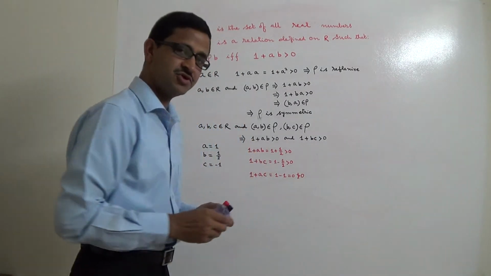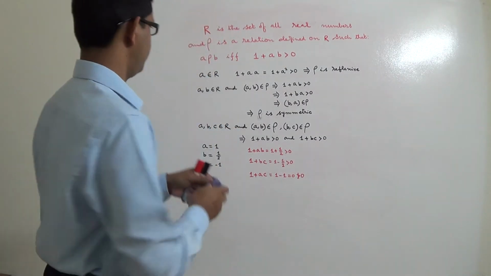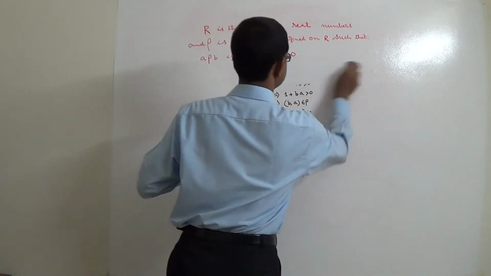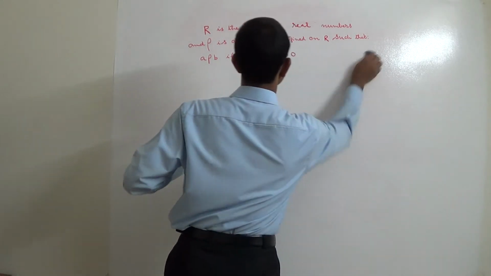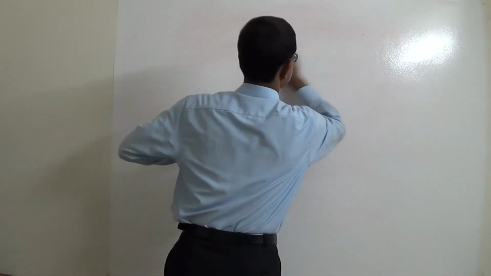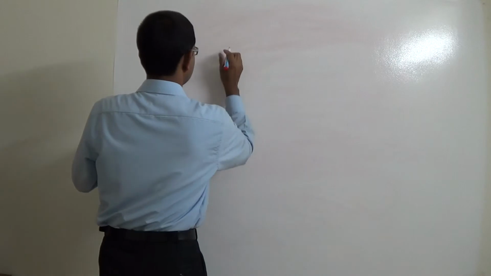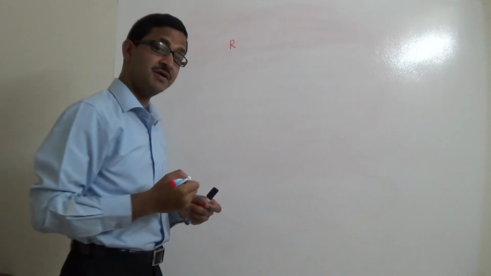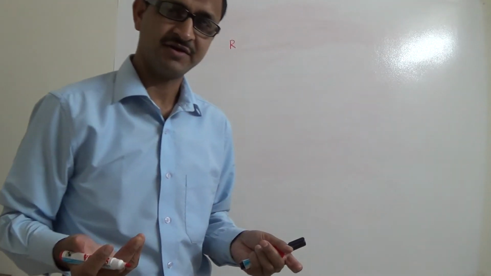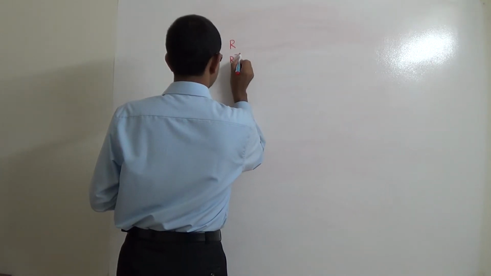Our last topic in this chapter is inverse of a relation. Suppose R be a relation defined on any set S, then its inverse is defined as R inverse.